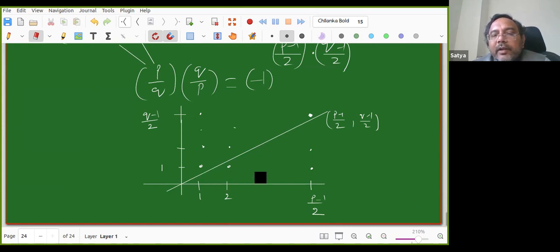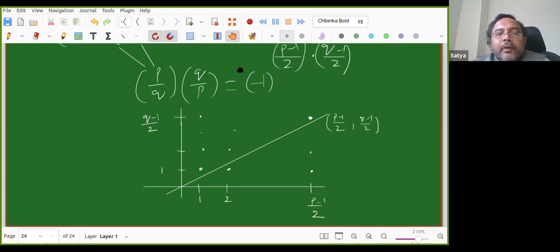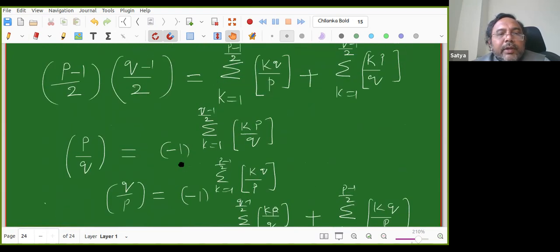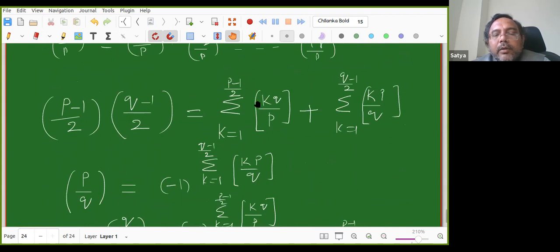How many points are there in total? (p-1)/2 into (q-1)/2. And above and below are these sums. If you add them, we'll get it. Is the question clear? Are things clear? This is a sketch of the proof.